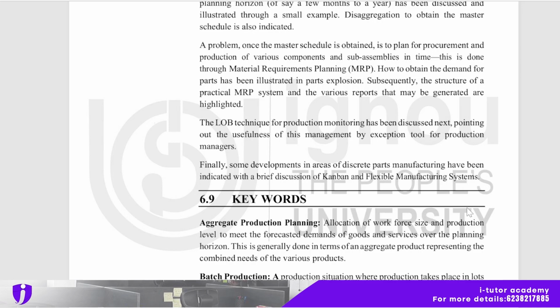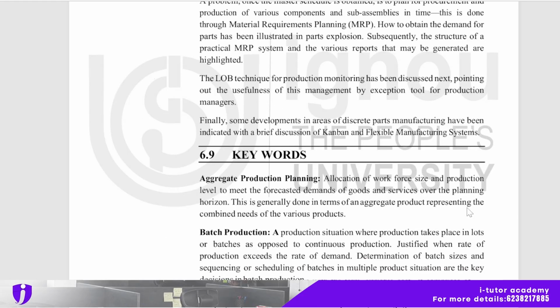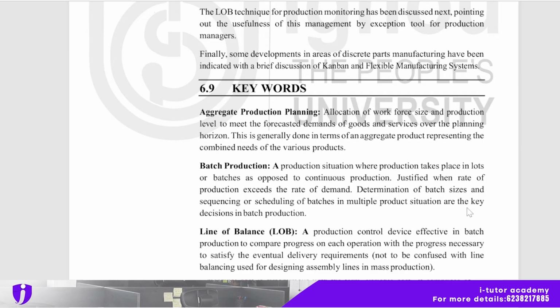The LOB technique for production monitoring has been discussed next, pointing out the usefulness of this management by exception tool for production managers. Finally, some developments in the areas of discrete parts manufacturing have been indicated with a brief discussion of Kanban and the flexible manufacturing system, that is FMS.